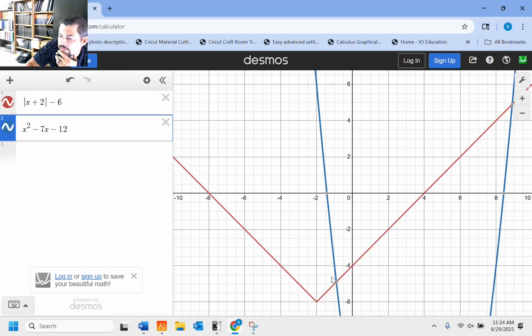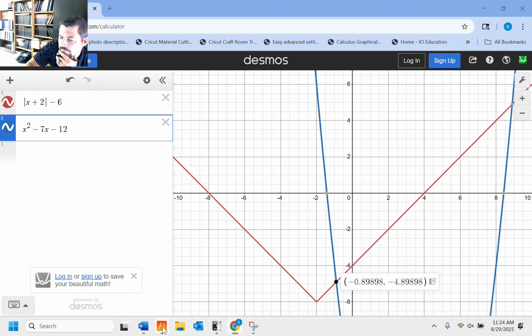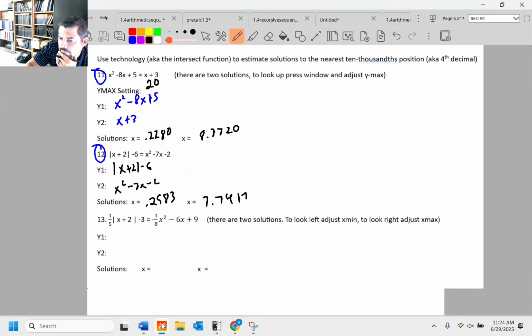And then you can just click on it. There's one of them. Did I type in the right equation? Minus 2. Okay, here we go. I didn't think those agreed. And am I still right? Absolute value x plus 2 minus 6.